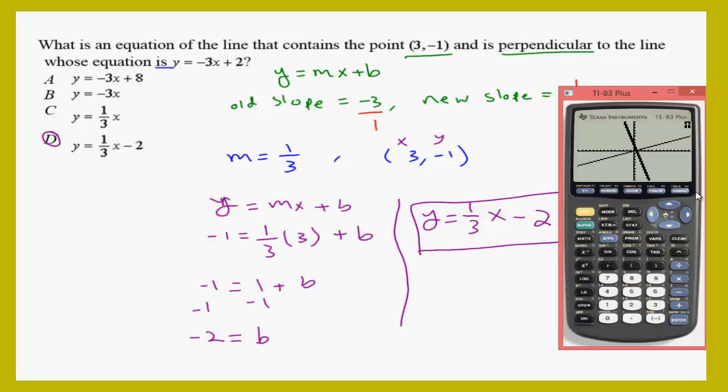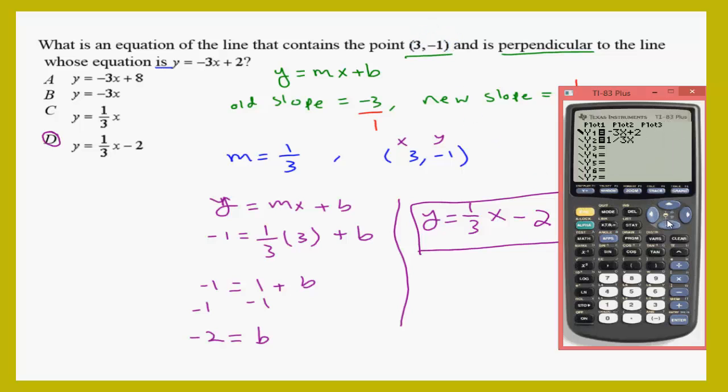Let's go to the table. We're looking for the second line, y2, not the first, y1. When x equals 3, we're not looking for y1, we're looking for y2. y2 equals 1, so that means (3, 1). We need (3, -1).